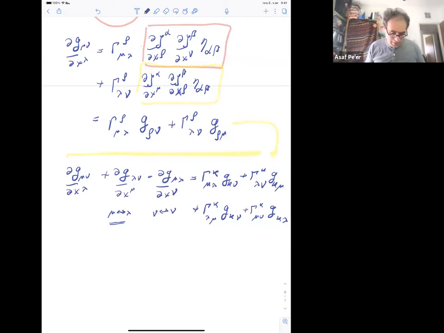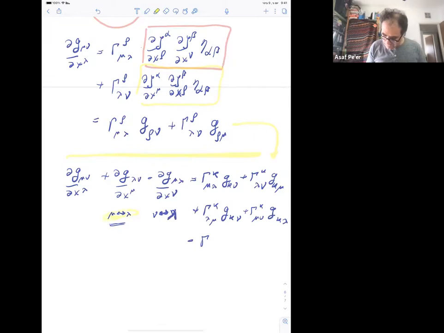And then minus gamma. Now exchange mu and lambda again. So minus gamma kappa. Now I change mu and lambda.